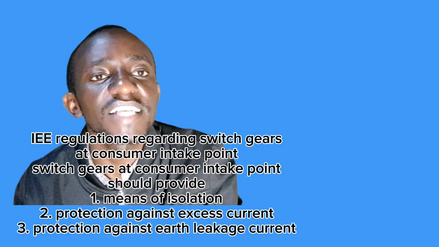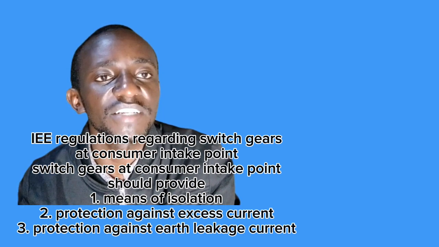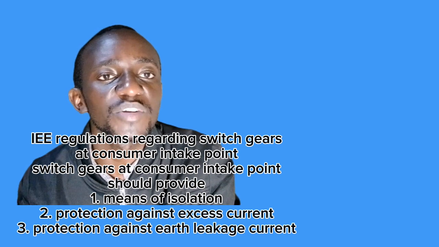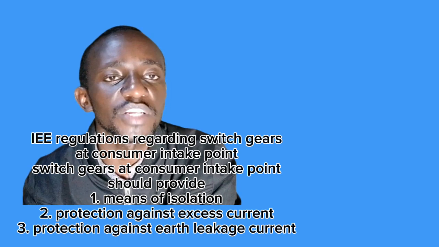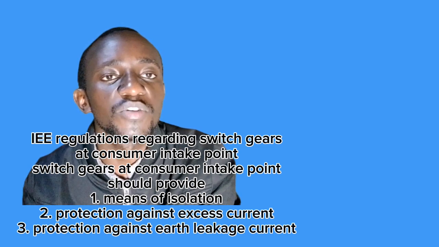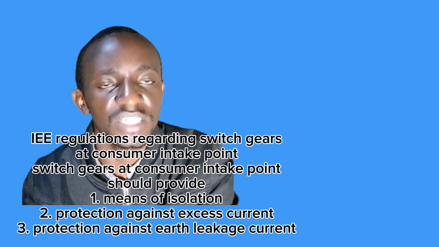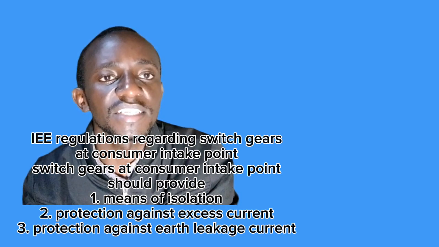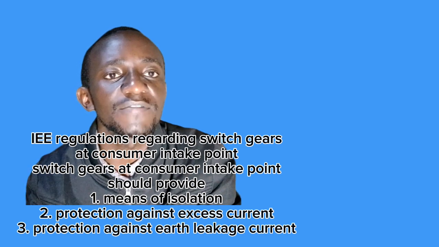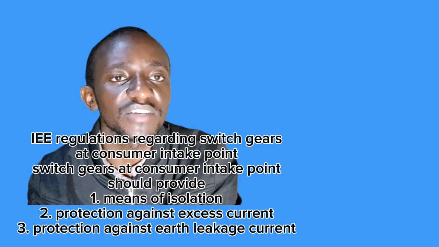Finally, switch gears at the consumer intake point should have a provision for earth leakage current protection. What is earth leakage current protection, and what is its difference from excess current protection? When we talk of excess current protection, we are talking about current that may have been caused by either overloading or short circuiting. But in many instances, we may have a dangerous current flowing through the circuit which has not been caused by overloading or short circuiting.